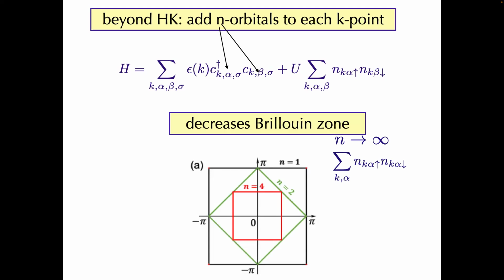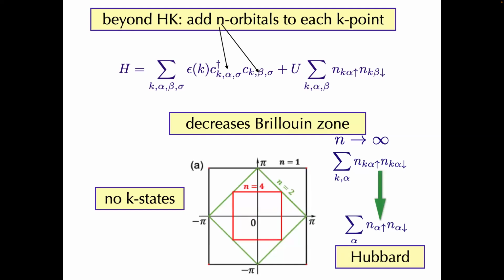As n goes off to infinity, all of the summation on the Brillouin zone has gone to 0. There are no K states left, which means this has to go to Hubbard. Which means I can go continuously from HK to Hubbard by increasing this local index n. I know that at n equals infinity, I have to end up with Hubbard physics.